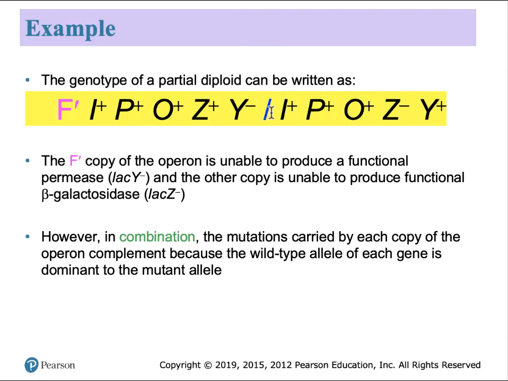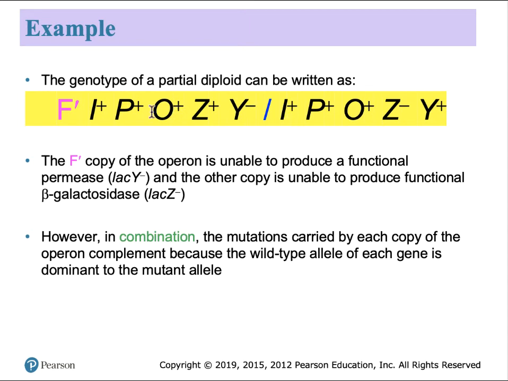The important thing is that the F prime side talks about the genes on the plasmid. The slash divides the plasmid from the chromosome. On this side we have the condition of the lac operon on the chromosome, and on this side we have the DNA of the plasmid.